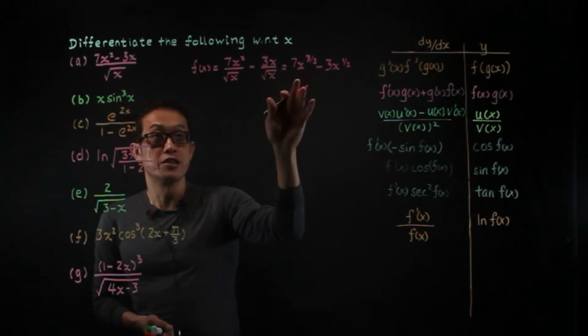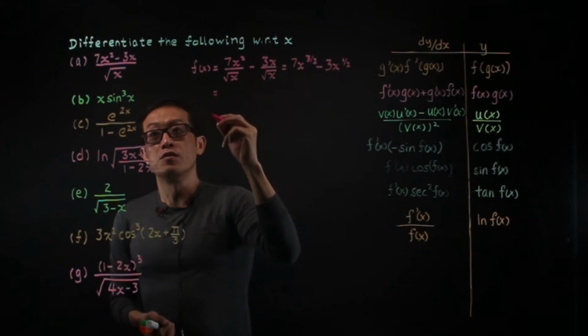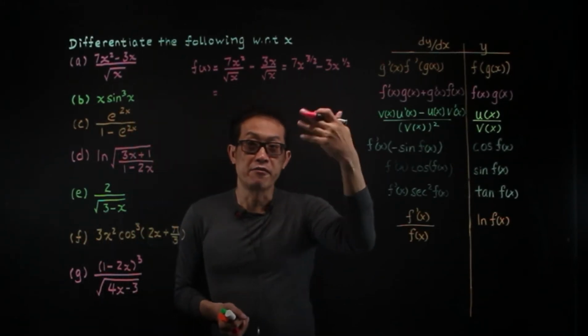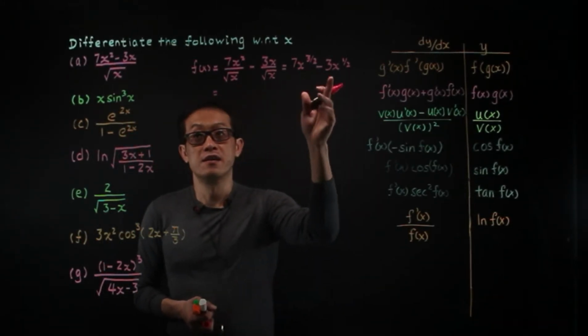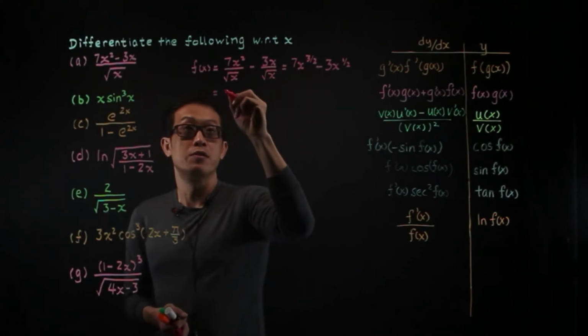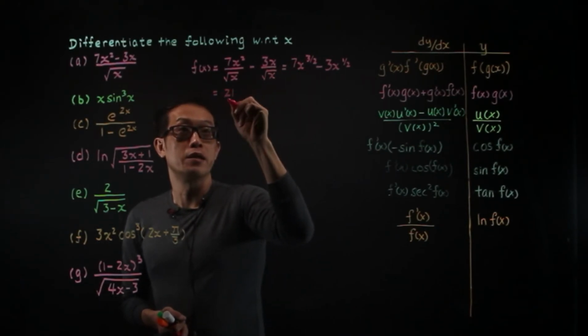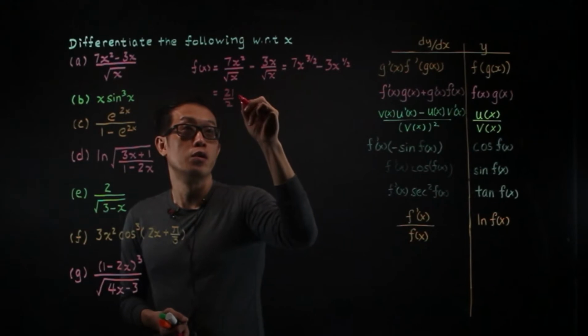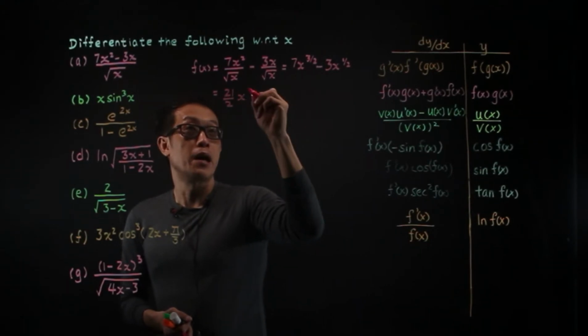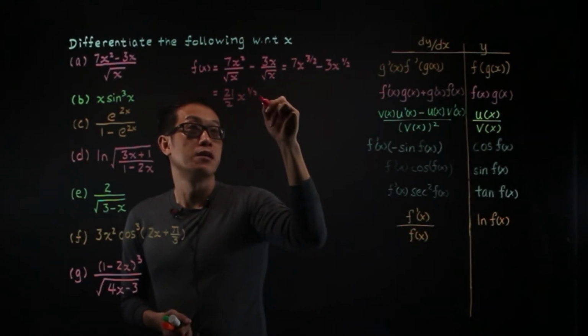Now we can differentiate this using direct differentiation. So we bring the power down. You have 21 over 2, then you minus 1 from the power, you have half here.